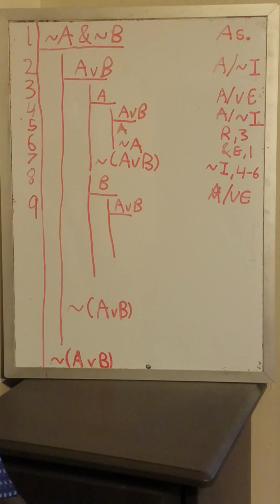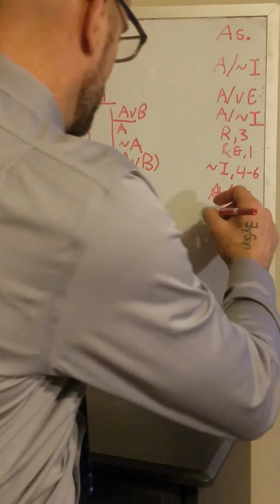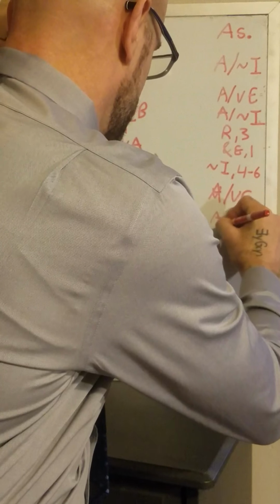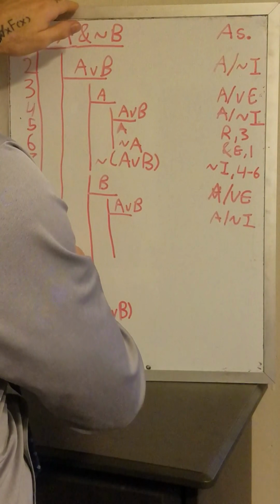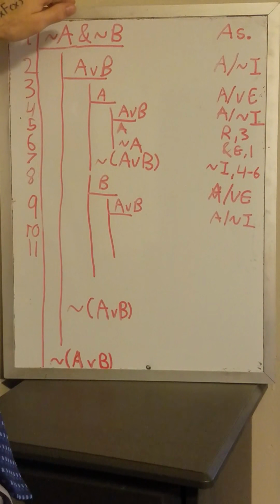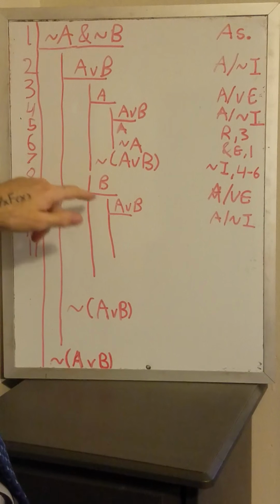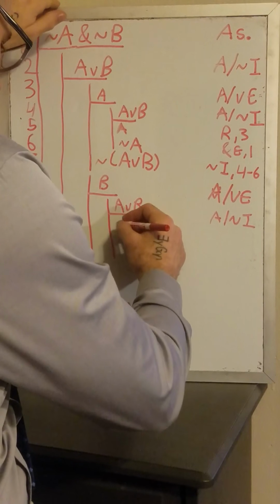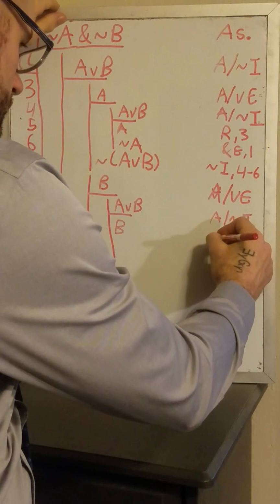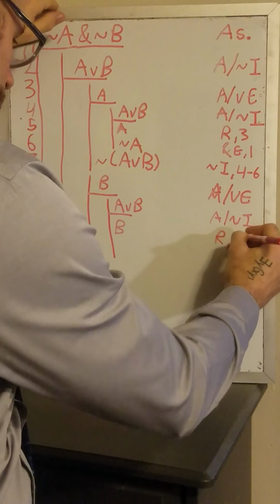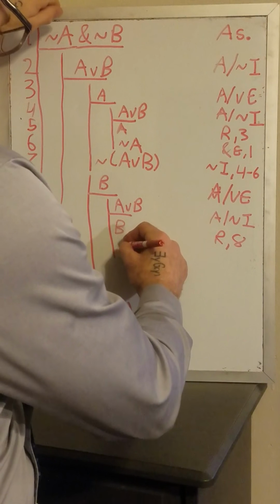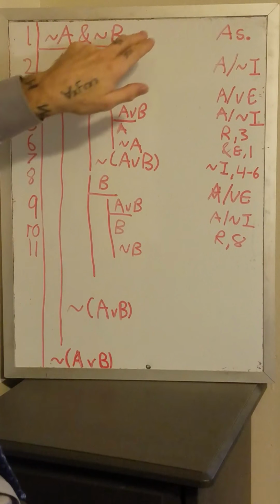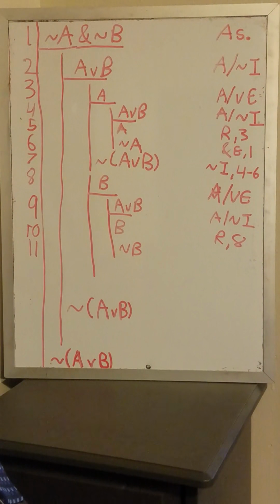Again, we need to assume A or B for purposes of negation introduction. On lines 10 and 11, we're going to reiterate B into our subderivation. And on line 11, we are going to use conjunction elimination to get not B from line 1.